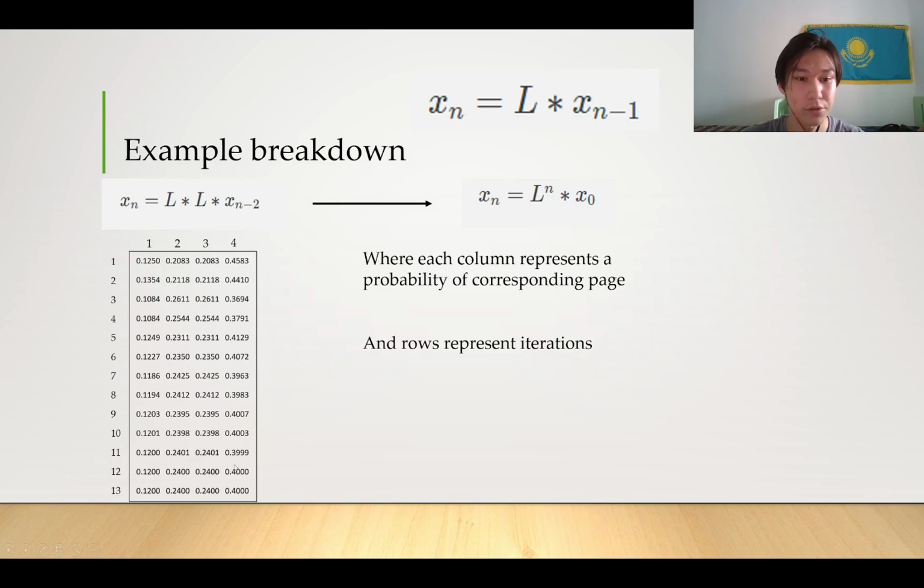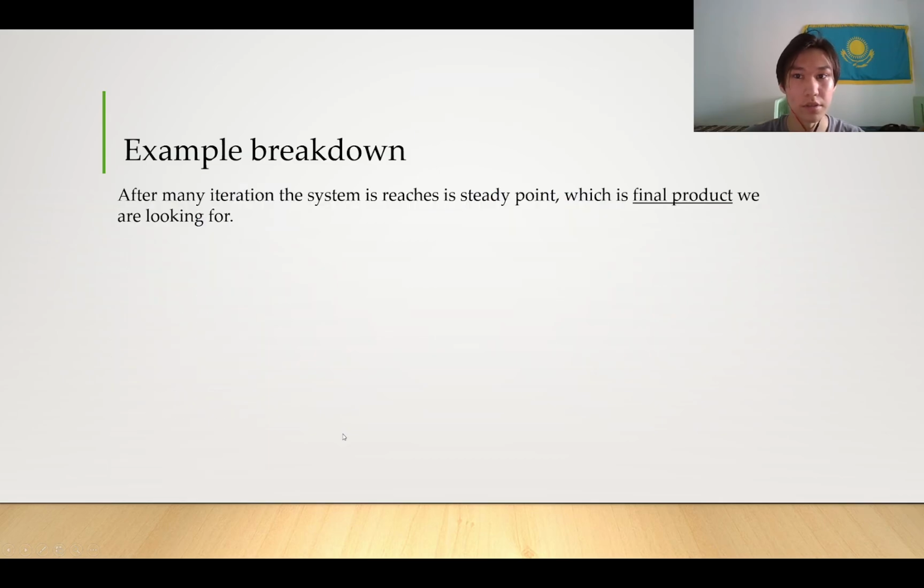So this may look familiar, because this is where eigenvalues come into play. It is clear that the final ranking is an eigenvector of L with an eigenvalue of 1.